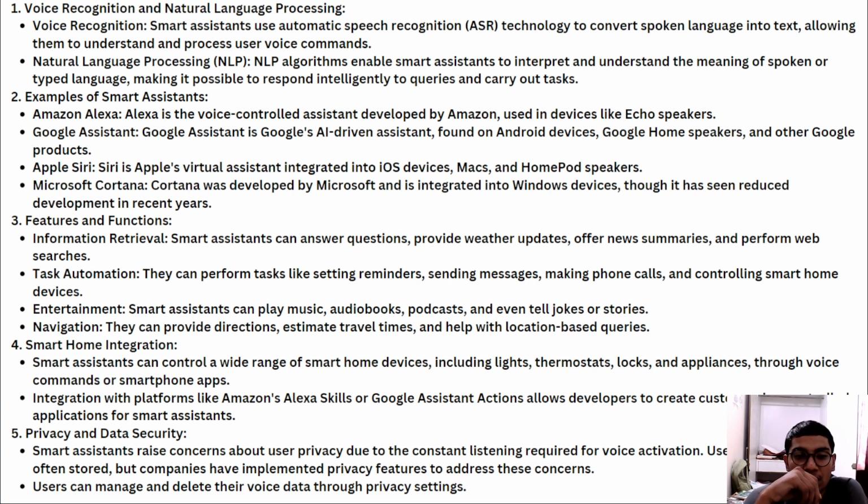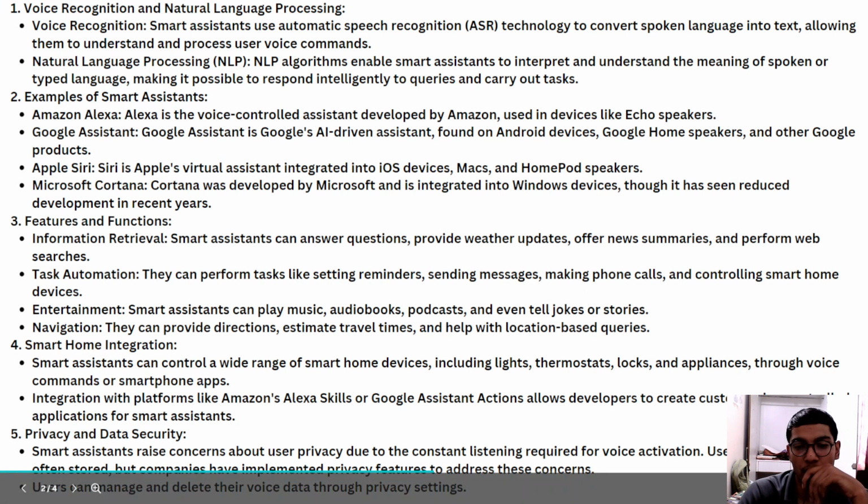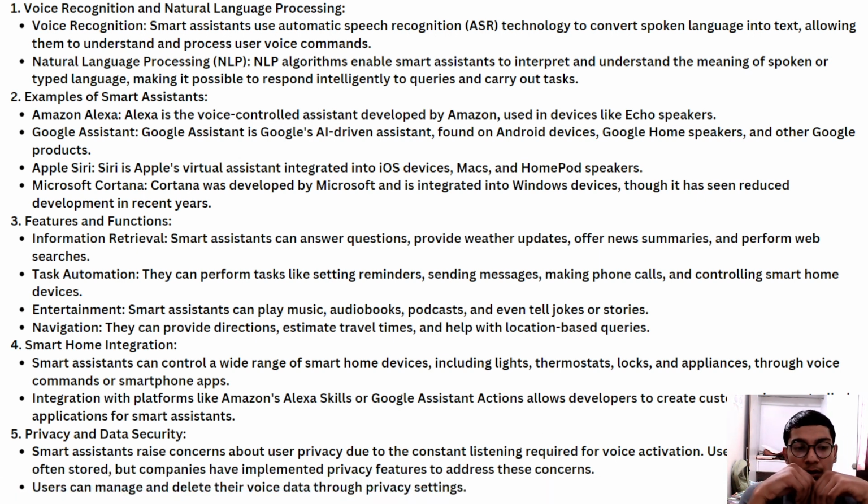Smart home integration: Smart Assistant can control a wide range of home devices, including lights, thermostats, locks, and appliances through voice commands. Smart app integration and actions like Amazon Alexa and Google Assistant actions allow developers to create custom voice control applications for smart assistants.